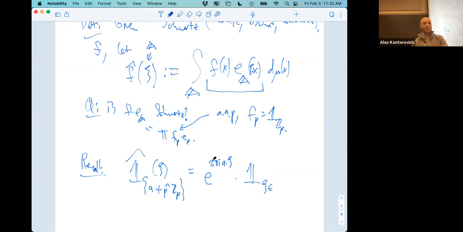The a moves into the character and the p turns into p^{-n} Z_p. So what's the Fourier transform of the indicator function of Z_p? a is 0, so there's no character. n is 0, so it's itself.